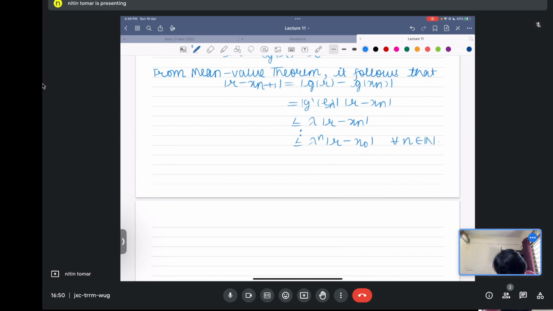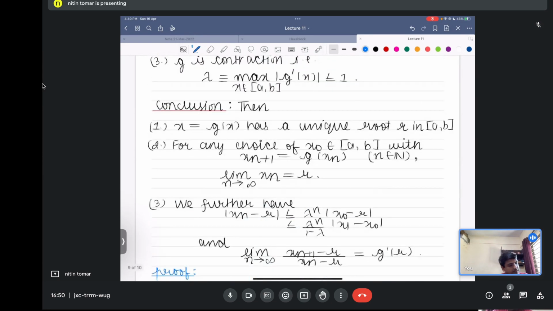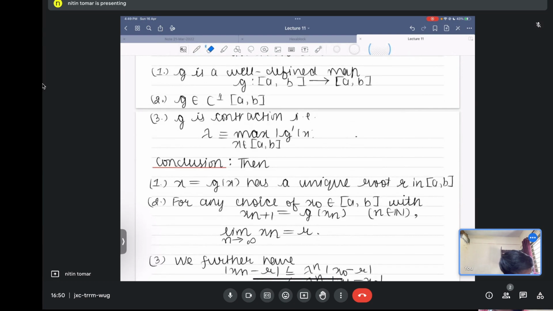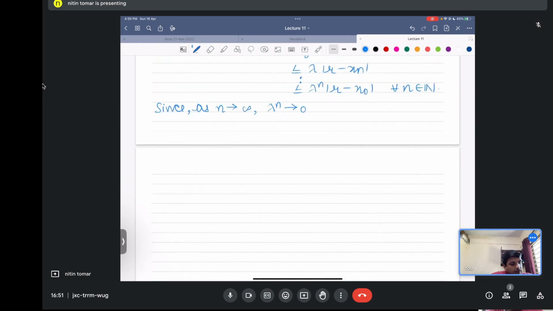Now, as n goes to infinity, we know lambda^n goes to 0. Why? Because lambda is strictly less than 1. Oh sorry, here we need strictly. Lambda^n converges to 0. So this means we have x_n converges to R as n goes to infinity.